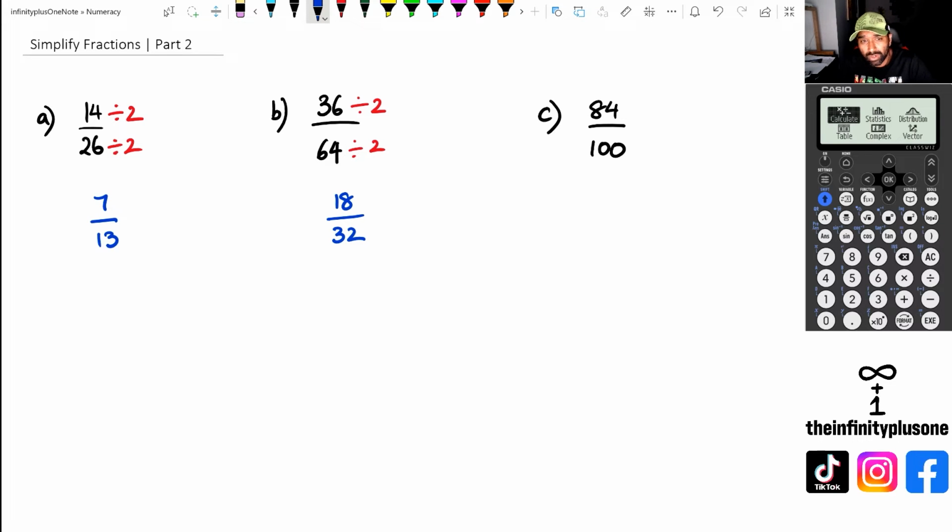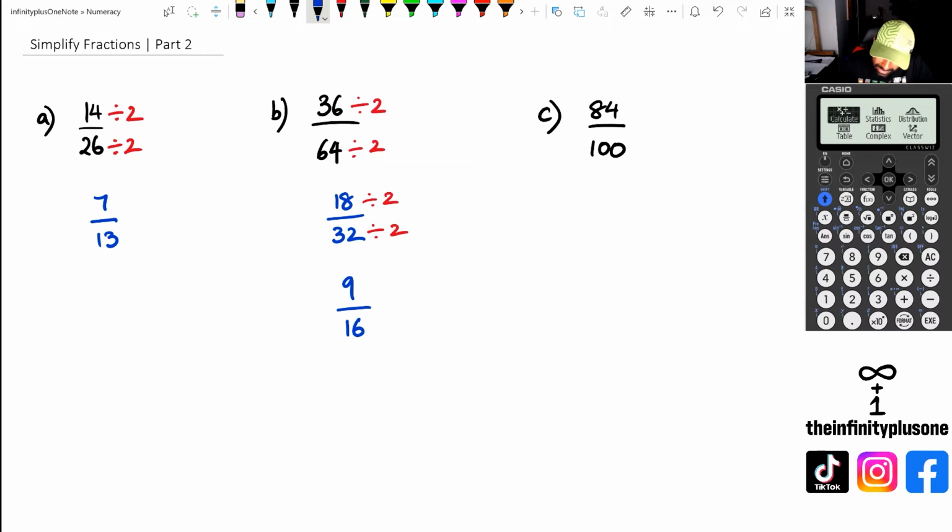Now, unfortunately, when I look at the 18 and 32, once again, they are still even numbers. So I could divide by a further 2. So I'm going to divide by 2 once again, 18 divided by 2 and 32 divided by 2. And when I do this, I end up with 9 and 16. Now, unfortunately, with 9 and 16, I can't simplify any further because 9 is in the 3 times table and 16 is in the 4 times table. So it's not really going to work any further. So this is where we're going to stop.